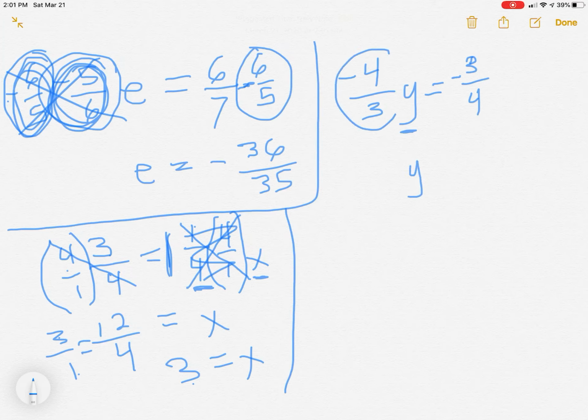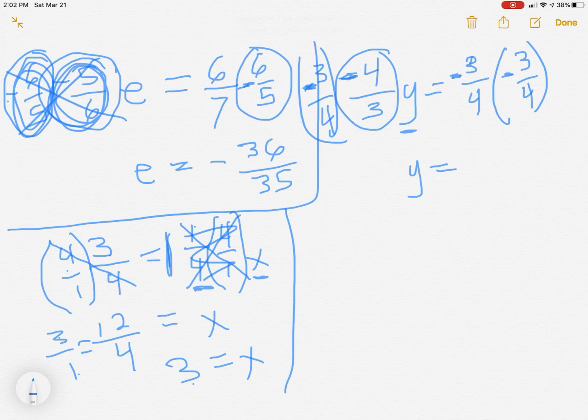So I've got to flip this number over, minus 3/4. Don't forget to put the same sign in your reciprocal. This was negative, so your reciprocal has to have a negative also. So y is equal to minus times minus is a positive. So 3 times 3 is 9. 4 times 4 is 16. Okay, can I reduce that?